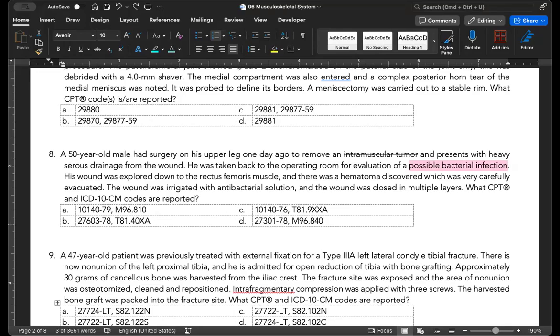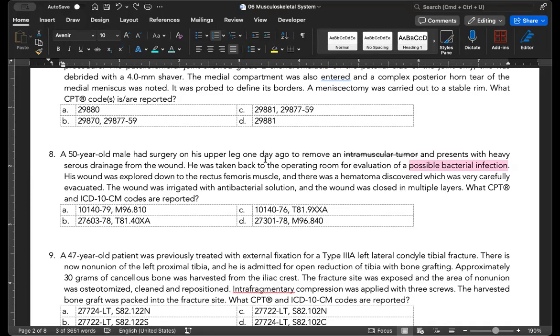Does that make sense? So would you look at wound? It's actually going to be the main term complication. Yep, because we're not necessarily coding the wound, since that wound was there because of the surgery. The wound is not what's bringing him in. What's bringing him back in to be looked at again is that possible bacterial infection that is a complication of the surgical procedure we did yesterday. Does that make sense?